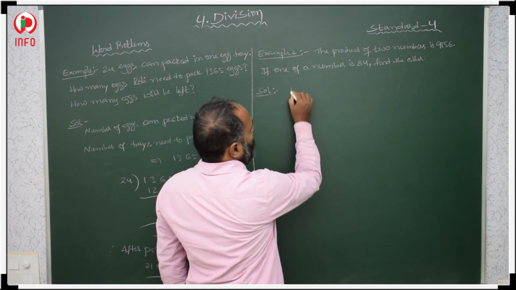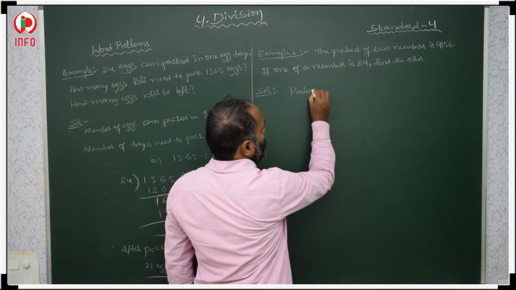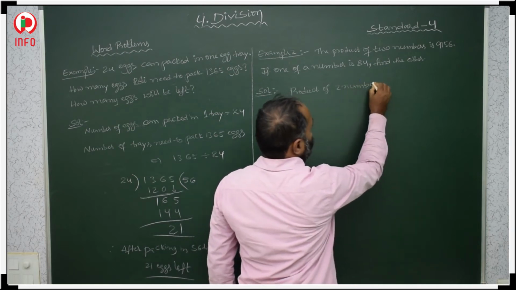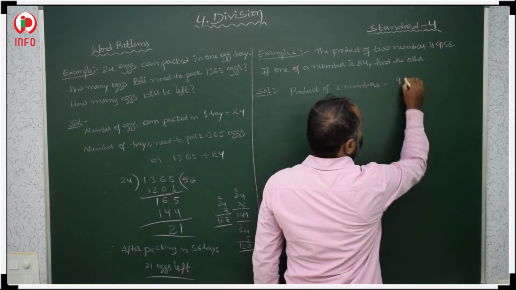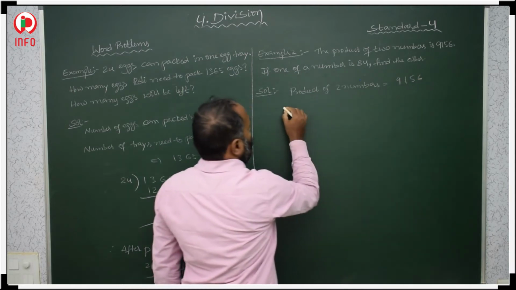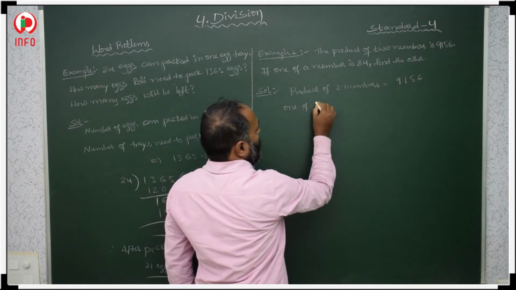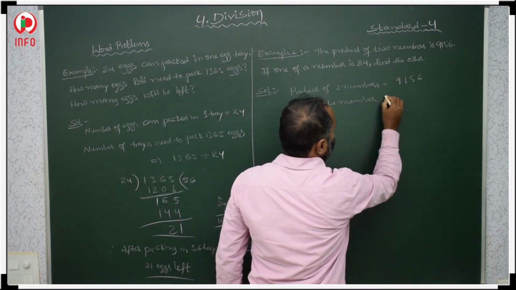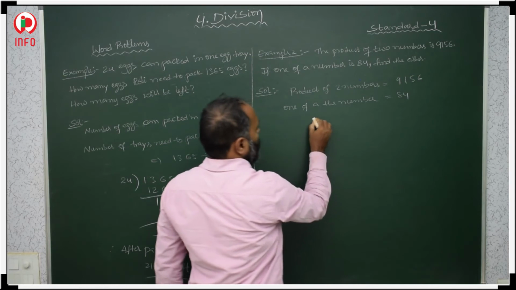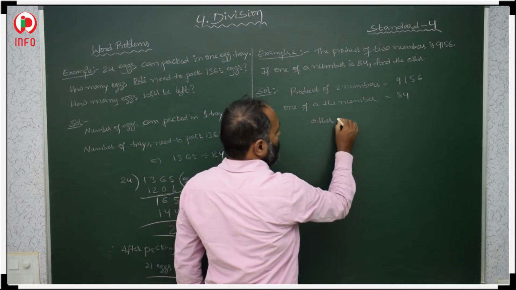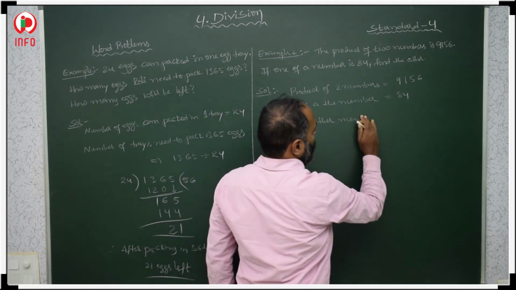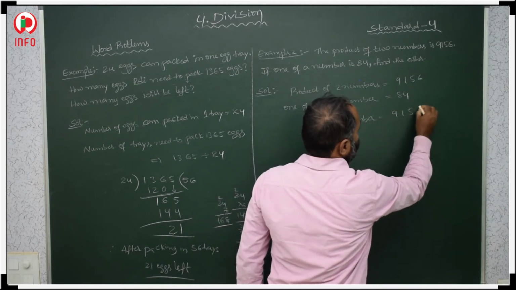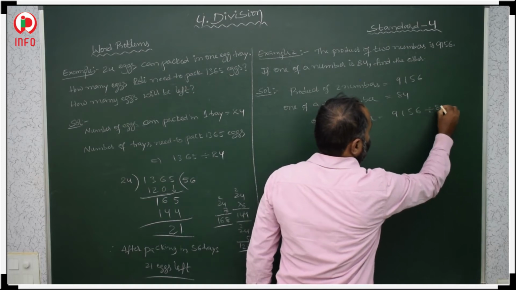How will we get the other number? 9156 divided by 84.